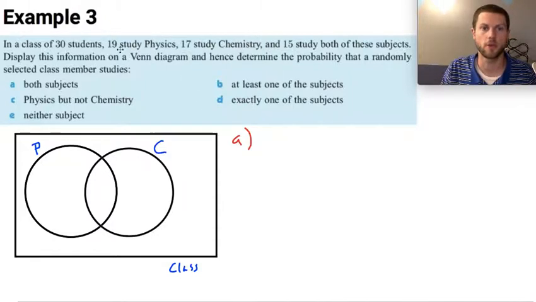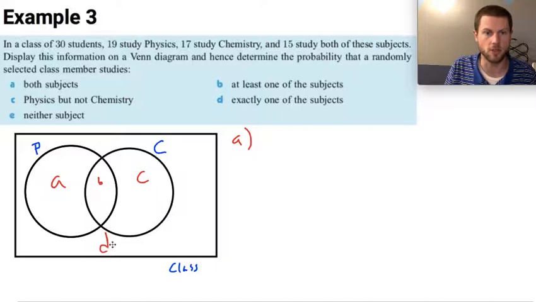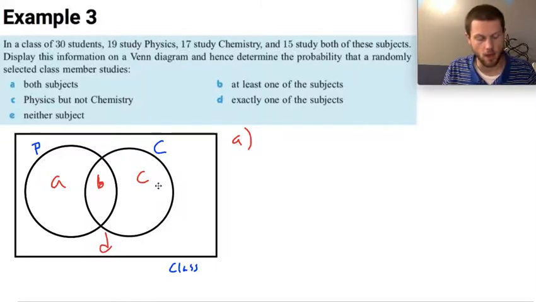So actually, let's put in all these numbers before I jump into A, B, and C and all that stuff. Let's say that these are unknowns. Some A number of students in here, B number of students in the intersection, some C number of students here, and then of course there's D students who might not take either of these subjects. What do I know about A plus B?